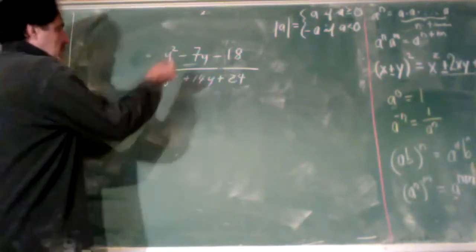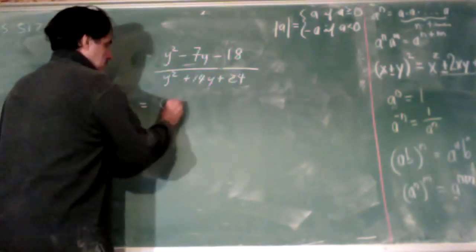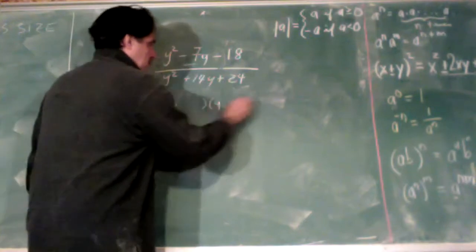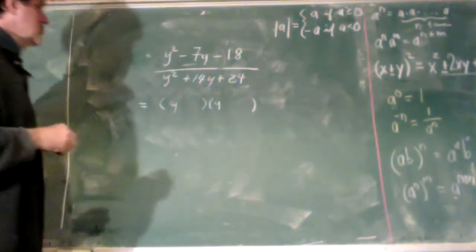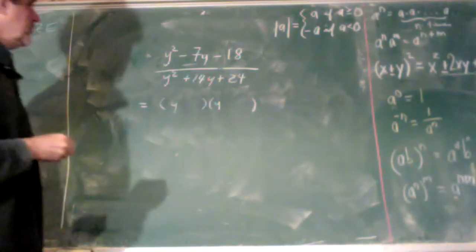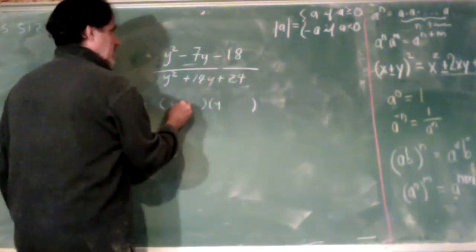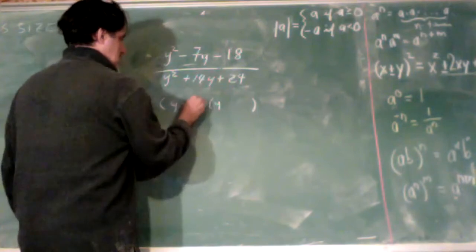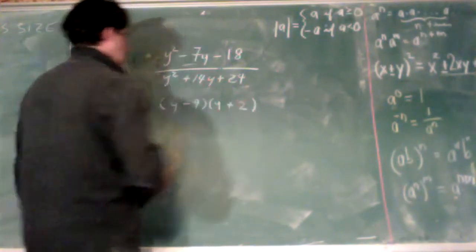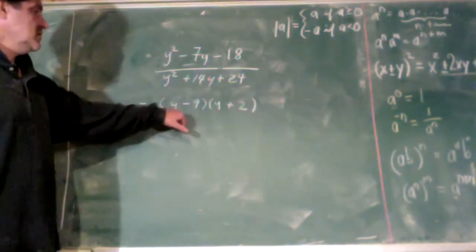So here, again, either by inspection or through the AC method, our numerator will factor as, I believe it will. Don't trust me, FOIL it out.